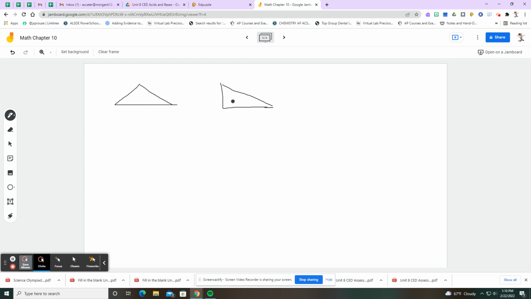In a right triangle, you have one angle that is equal to 90, and then you can have obtuse, which means you have one angle that is greater than 90 degrees. Okay, so this is acute. This is right. And this is obtuse.